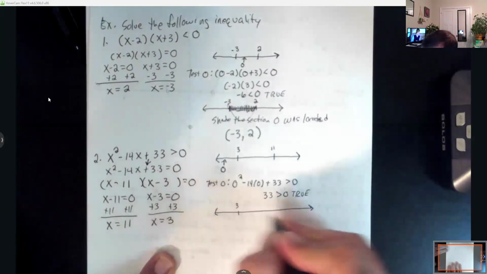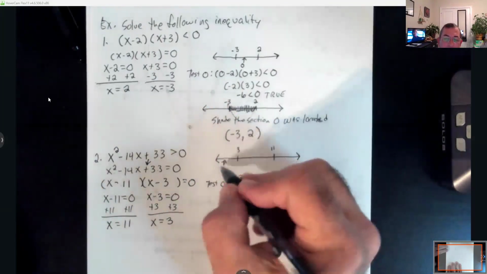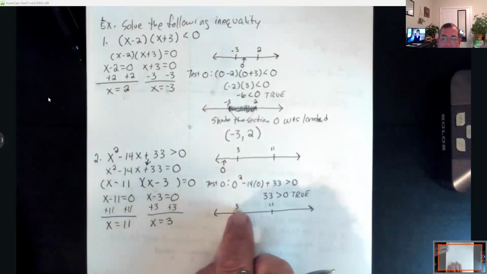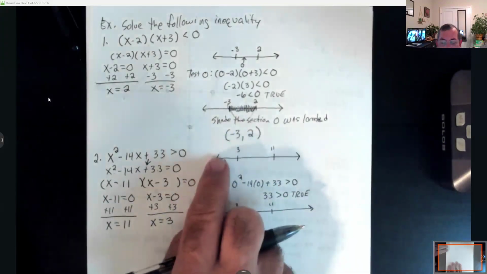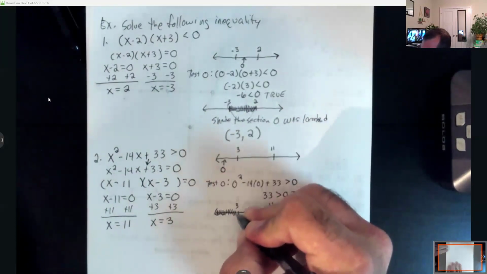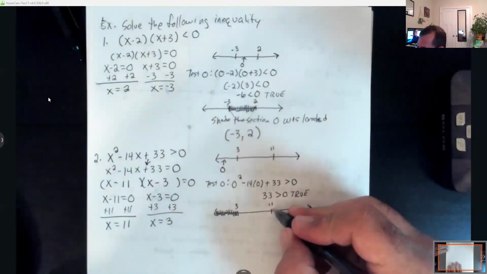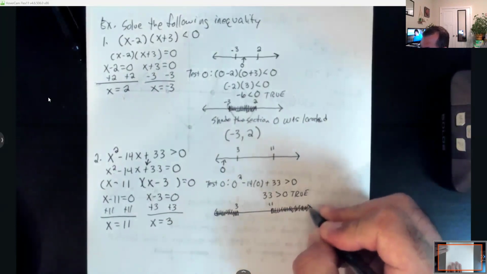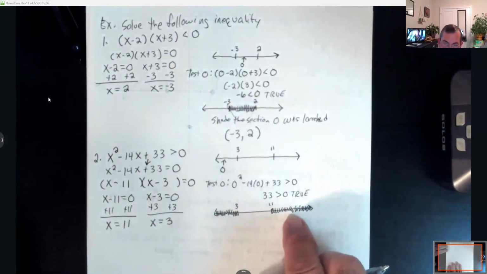So I'm going to come down here and now, y'all, you don't have to keep rewriting your number line. You could go back up here and start shading. I'm just doing it so y'all can see all my steps. So since that's true, I'm going to shade where 0 was located. But y'all, since 0's in the first section and true, you automatically have to shade the other outside region, okay?